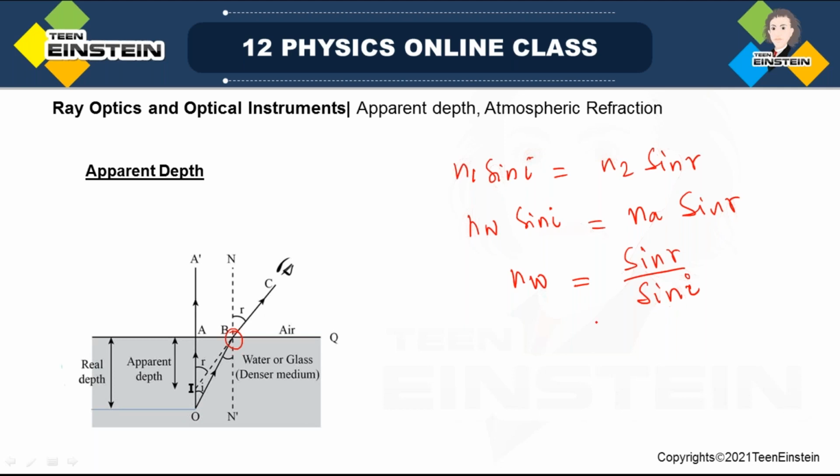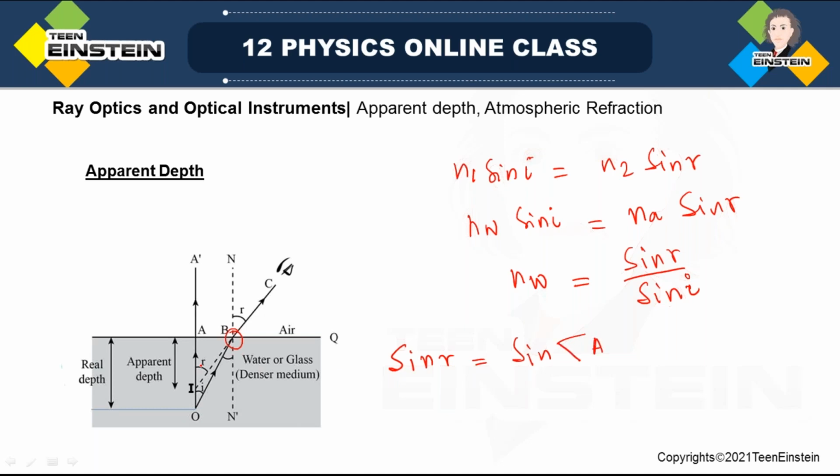Okay, so look now, sine I. So here I can write sine I and sine R in terms of this. Sine R means sine of this angle.